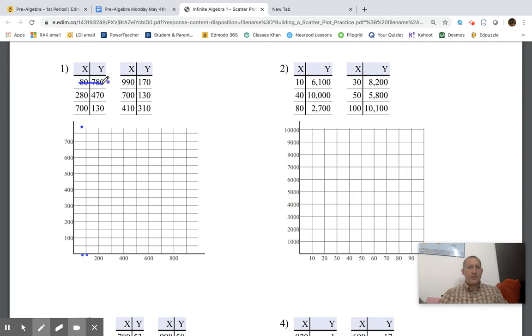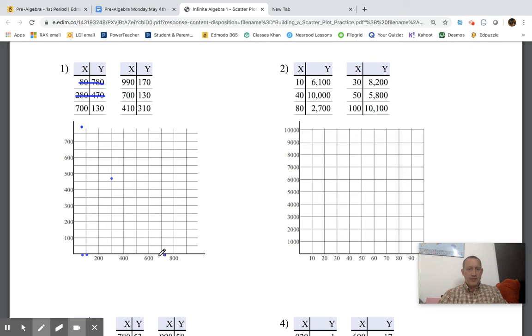Okay, so we got that one plotted. 280 is going to be right about here because that's 300. And then 450. 450 is going to be 470, I'm sorry. It's going to be right here in between 500 and 450. Okay, that's our next point. 700 and 130.